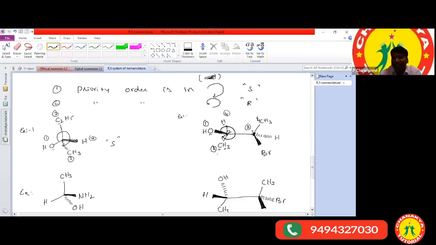So clockwise means what, R isomer or S isomer? Sir, clockwise direction means R isomer. Okay, so then we can write 2R. Why are we writing 2? Because the second carbon atom exhibits the R isomer. Okay, and then what is the isomer of the third carbon atom?